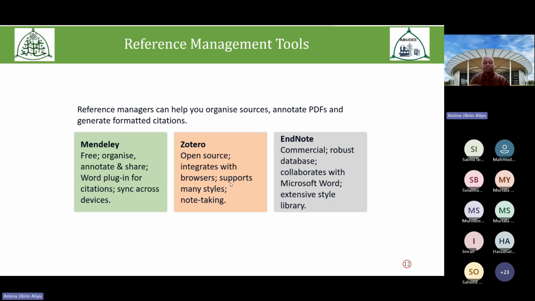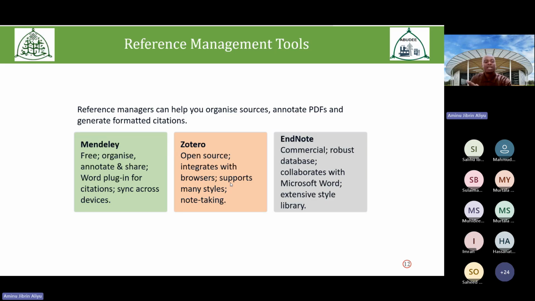They can also help us to make notes or annotate our PDFs, and they automatically generate our citations and reference list. All we need to do is get the proper document or the proper bibliographic information, and from that, our reference managers will automatically format our citations and references.